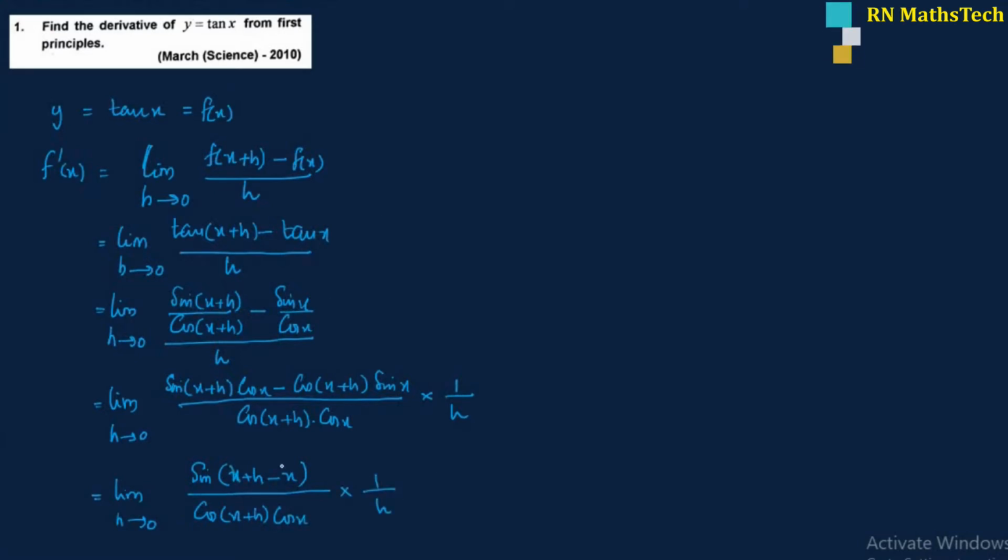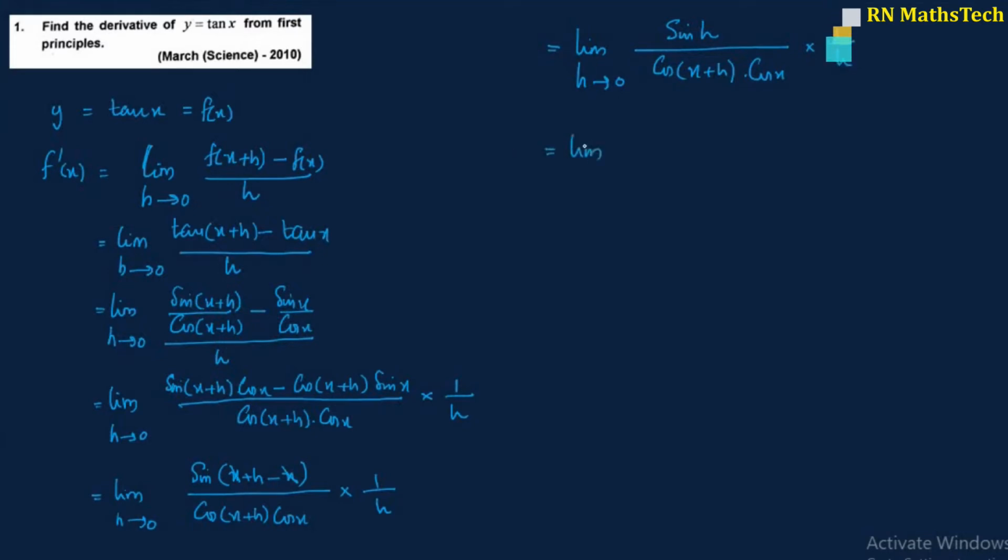So here x cancelled. That is equal to limit h tends to 0. Here the numerator is sin h by the denominator cos x plus h into cos x into 1 by h.